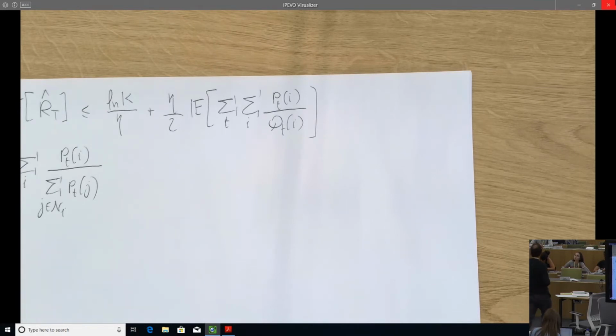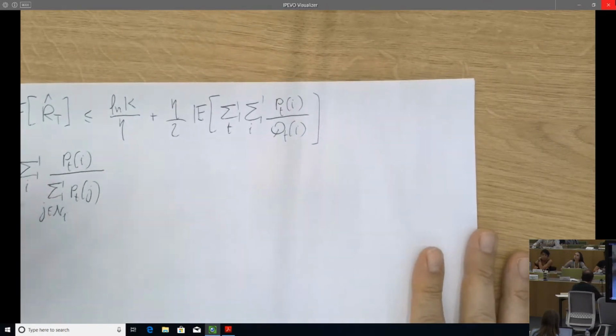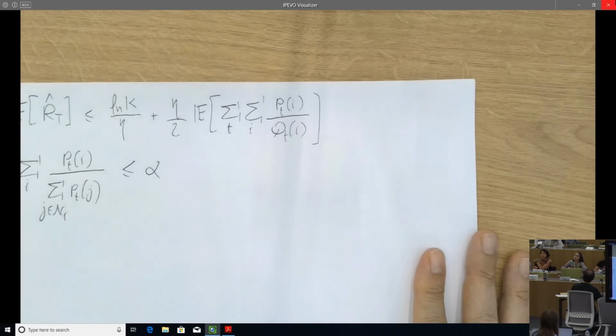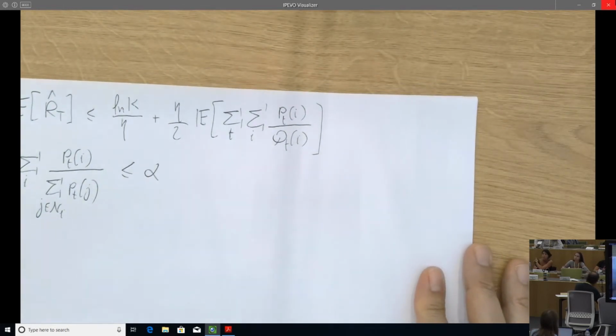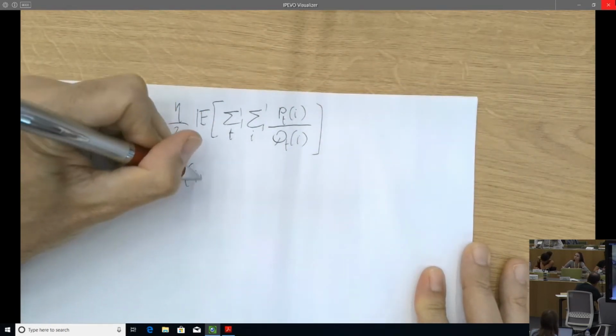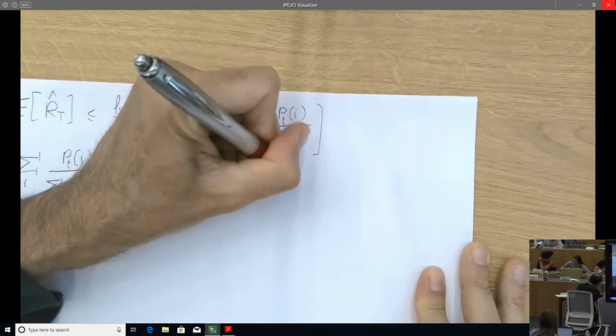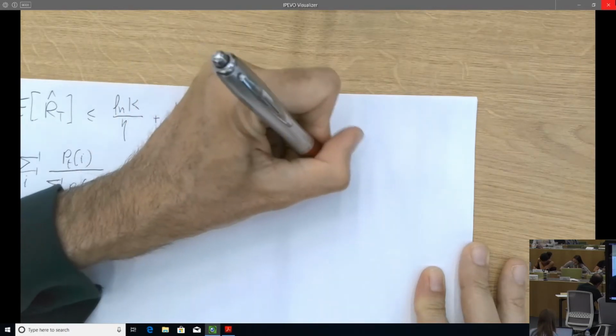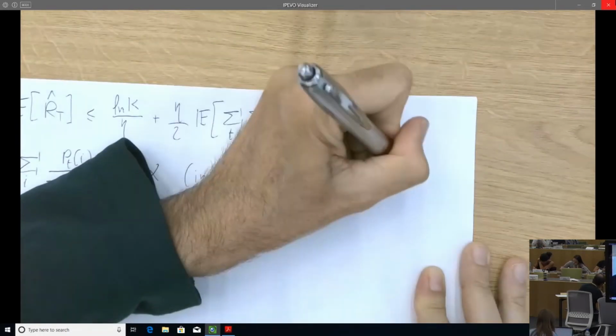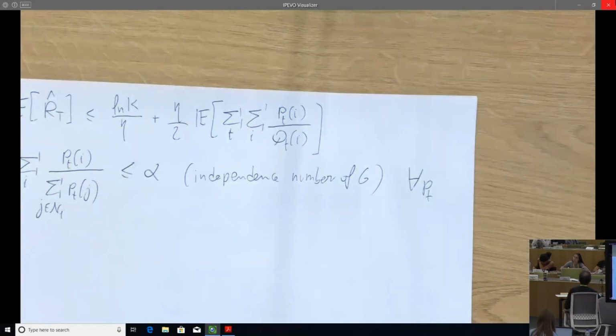There is a proof which I leave as an exercise because it's fun, you can do it from first principles. It's actually nice. This is upper bounded by the independence number of G, and this is true for any PT, for any assignment of probabilities to the vertices.